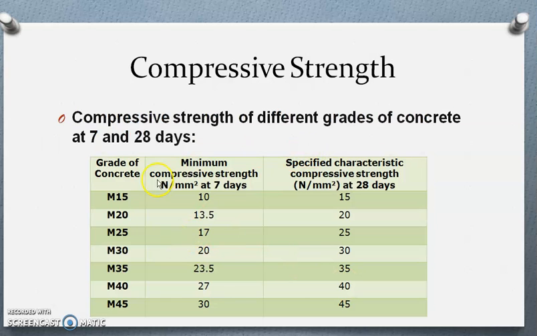Then these are the specified compressive strength values at the 7th day and 28 days that I have given for different grades of concrete. For example, take M20 grade of concrete. It should have attained 20 Newton per mm square at the 28th day and 13.5 Newton per mm square or MPa at the 7th day.